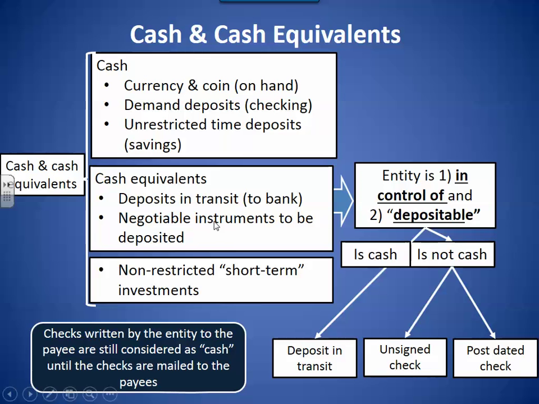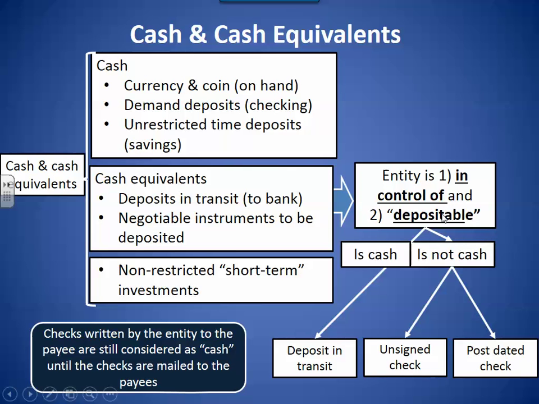So from the point of view of deposits in transit and negotiable instruments, in order to consider the cash equivalent, the entity has to be, number one, in control of those negotiable instruments, and those negotiable instruments have to be what I call depositable.